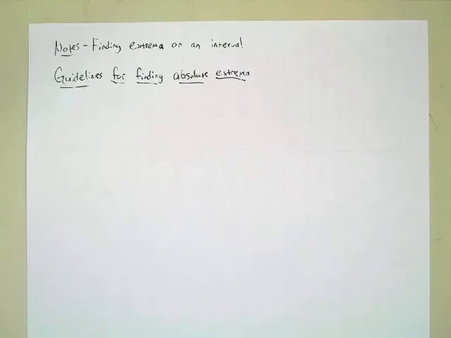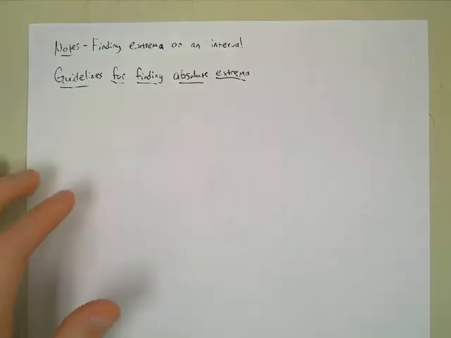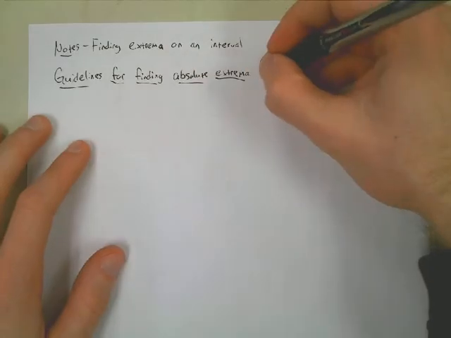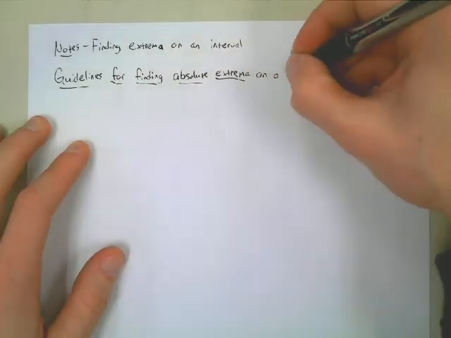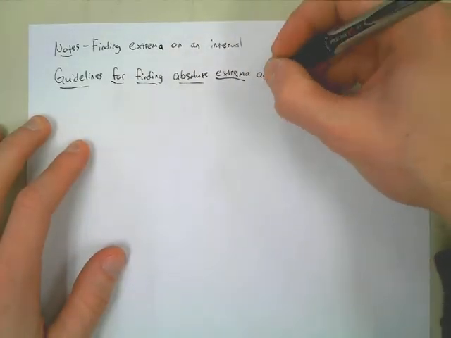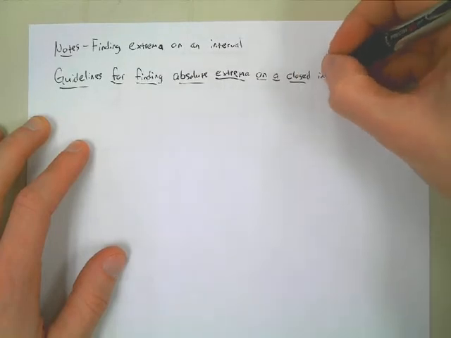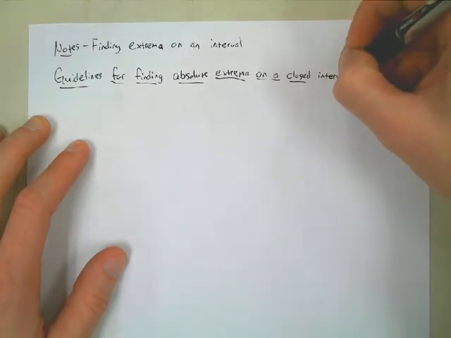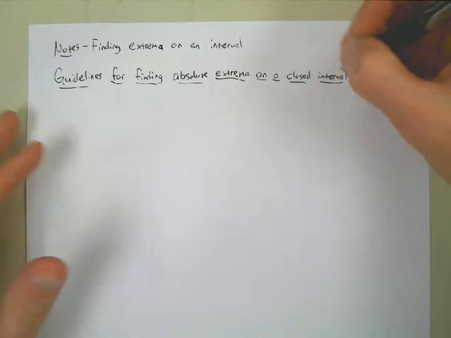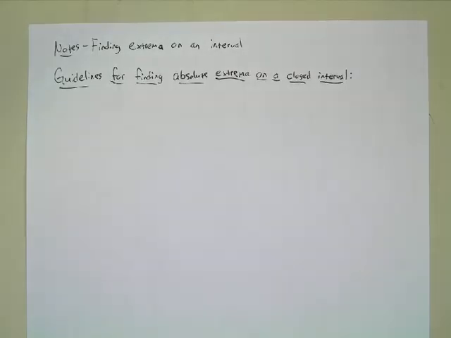On a closed interval. Remember, we really need that closed interval to find absolute extrema. Sometimes you'll still have absolute extrema without the closed interval, but to guarantee that we have absolute maximums or absolute minimums, we need a continuous function on a closed interval. And so that's what we're going to deal with here.